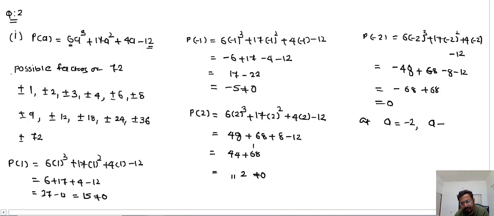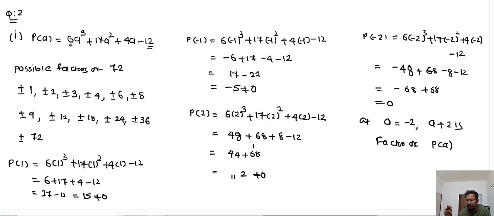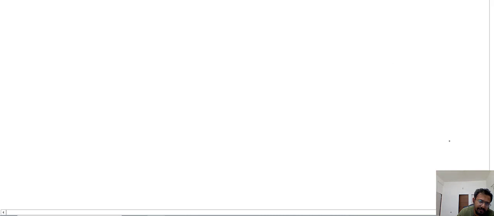Now we have to divide the given polynomial by a plus 2 by the long division method, the division algorithm. The polynomial is 6a cube plus 17a square plus 4a minus 12, divided by a plus 2.